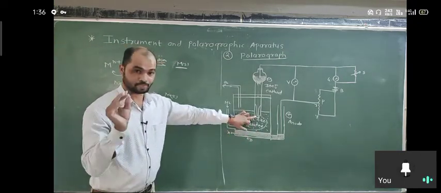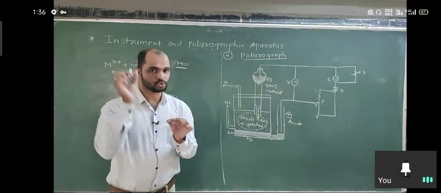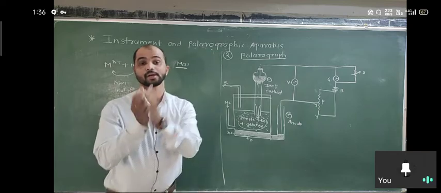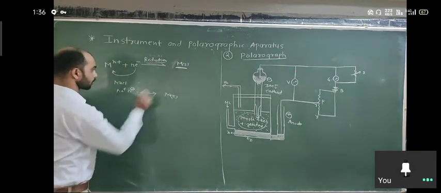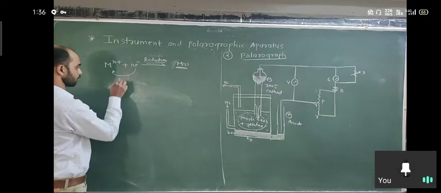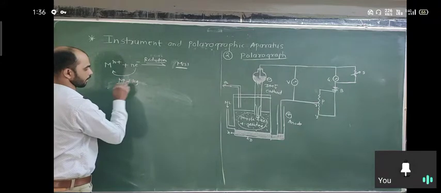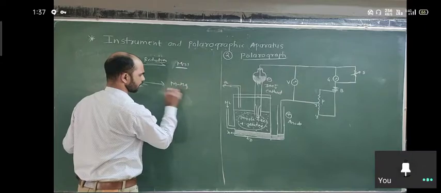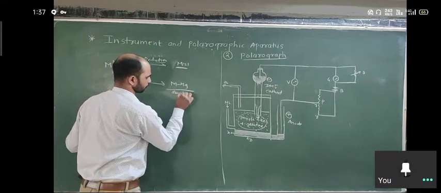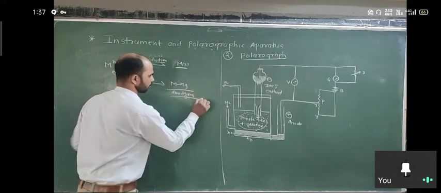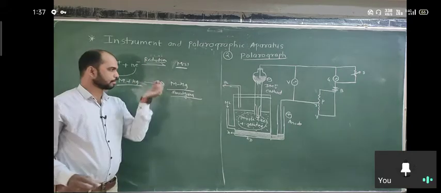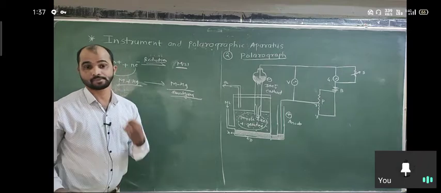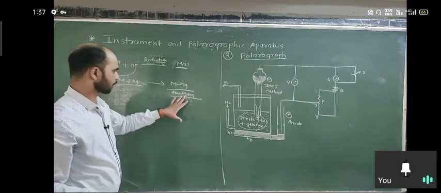When metal and mercury attach together, solid metal and mercury form an amalgam. When the metal is attached with mercury, it converts into M-Hg. Any metal-mercury composition is called an amalgam. So an amalgam is formed.